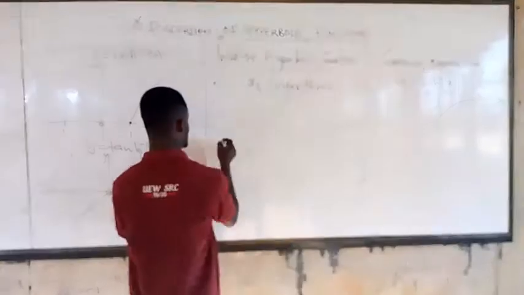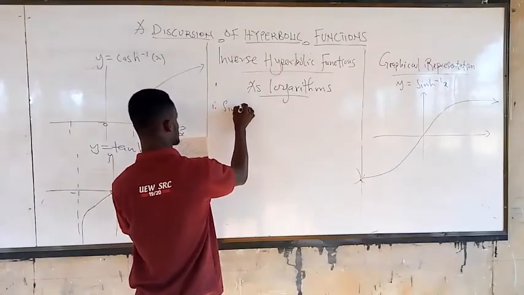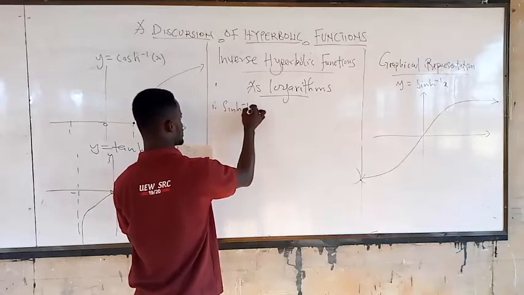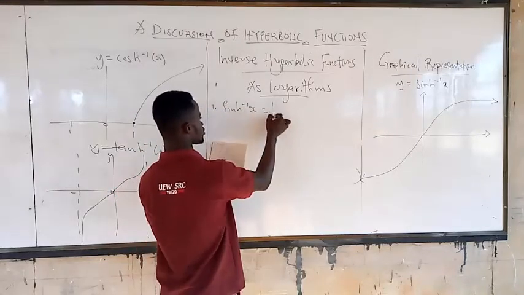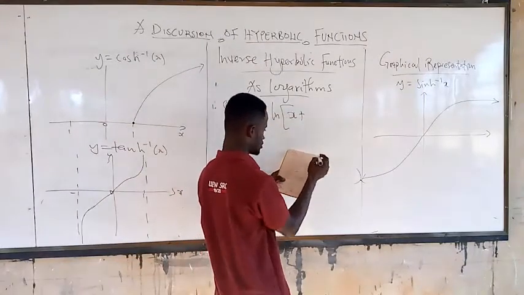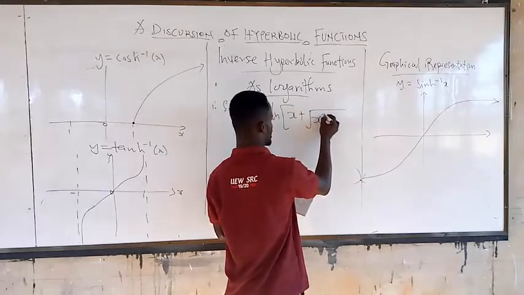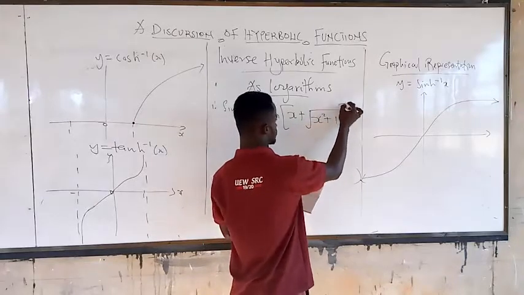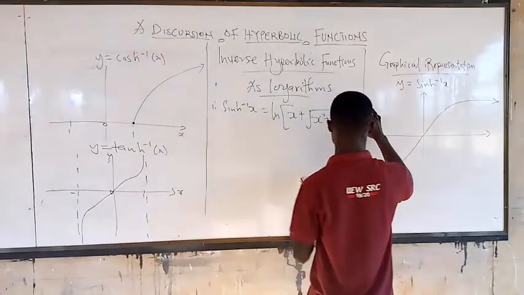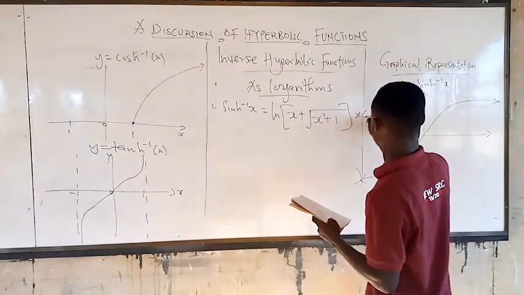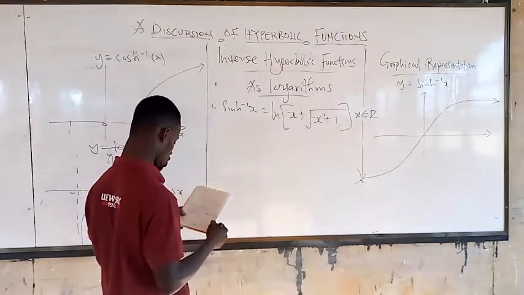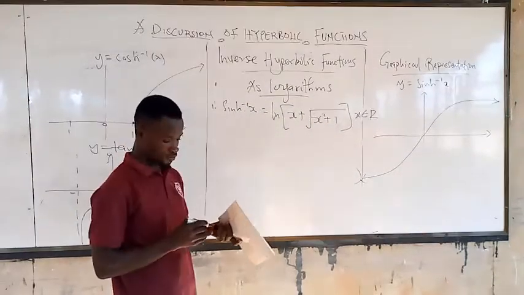As logarithms, 1, we have sinh inverse of s to be equal to the ln of s plus square root of s squared plus 1. And the domain here is that s belongs to R, that is, all real numbers.